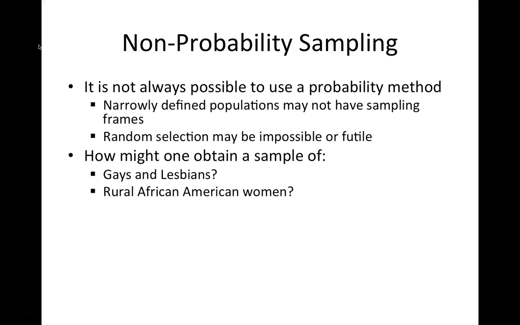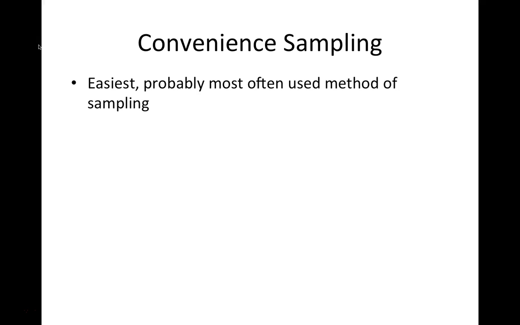We can think, for example, of a lot of the research that we do, and I gave this example earlier: how would we obtain a sampling frame of gays and lesbians or rural African American women? So non-probability methods are often the way to go about collecting a sample of people who don't have a readily accessible sampling frame.